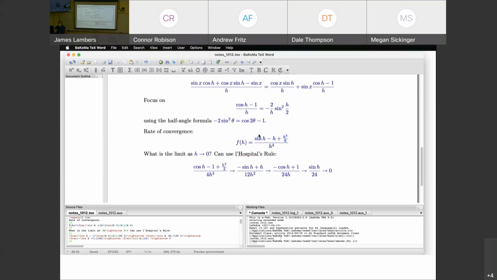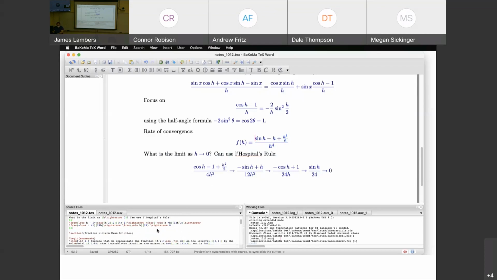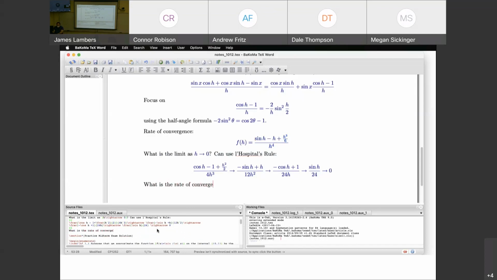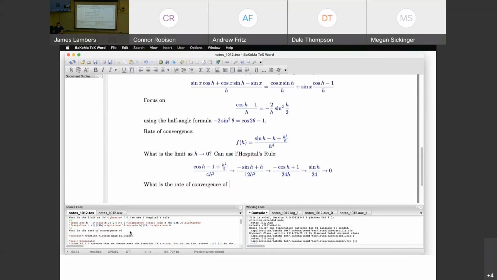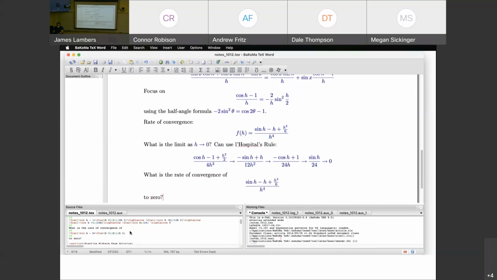So we can just take a look at this. We go back to the original fraction. What should we do with this to find out that rate of convergence?